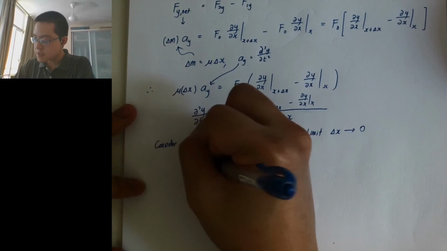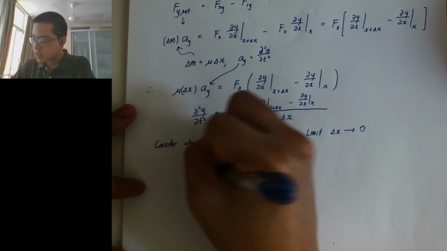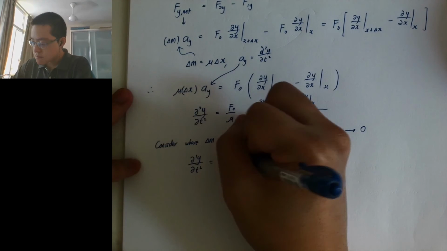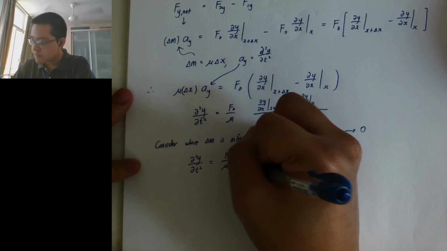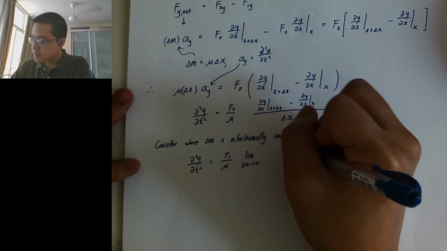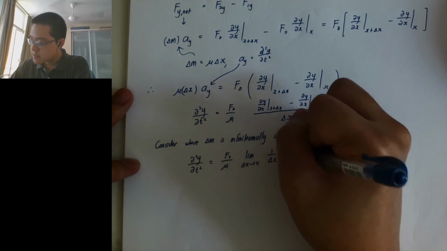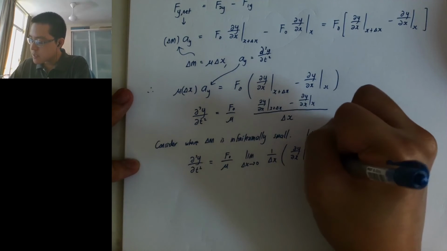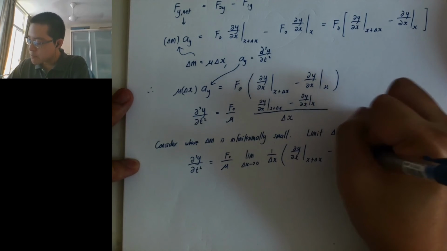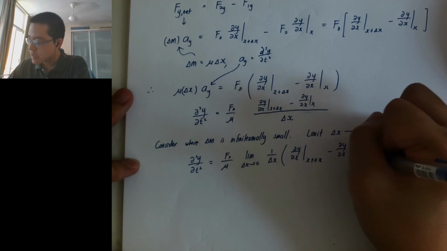That means partial squared y over partial t squared; these are constants. And then I want to take the limit as delta x goes to 0 of 1 over delta x, times the bracket of dy dx at x plus delta x minus partial y partial x evaluated at x.